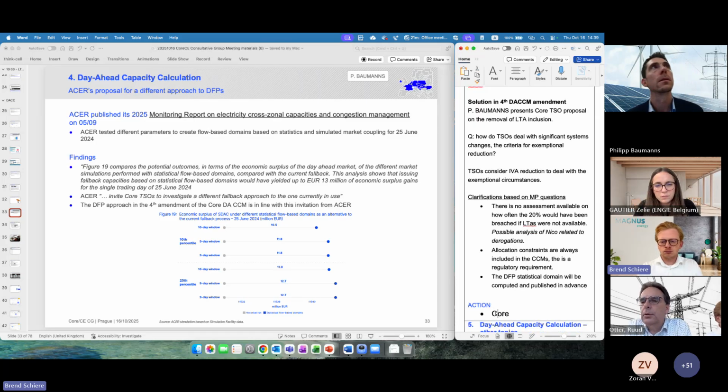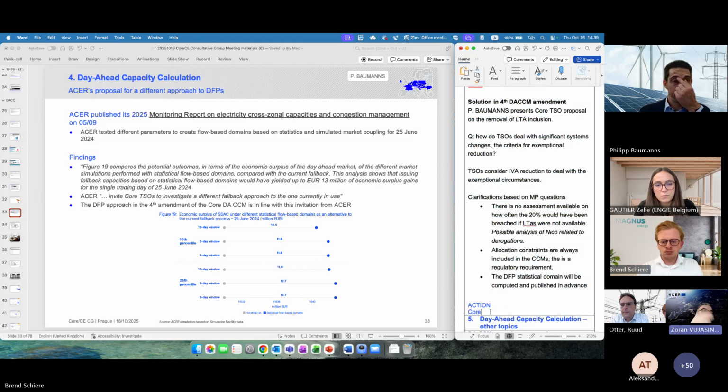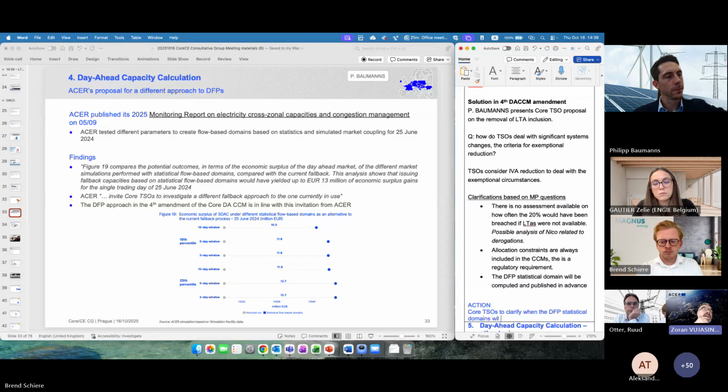And Zoran, do you want to? Yeah, a short comment. Indeed, we discussed some materials with the TSO colleagues on the statistical approaches for different uses. One of them is default flow-based parameters, and also statistical long-term flow-based. We realized from both sides that similar approaches can be used here and there.